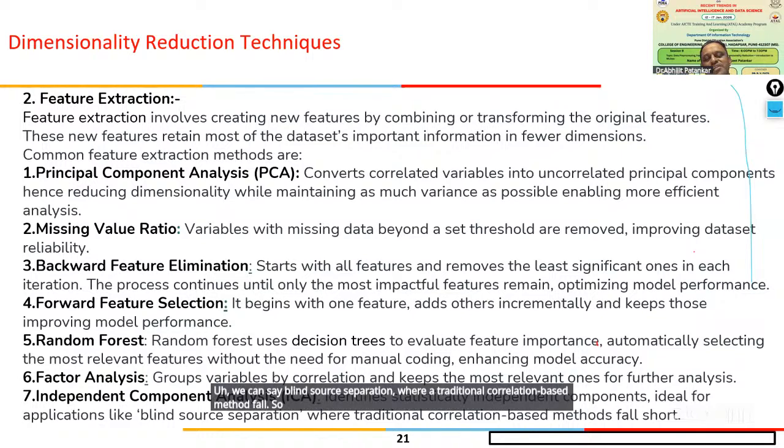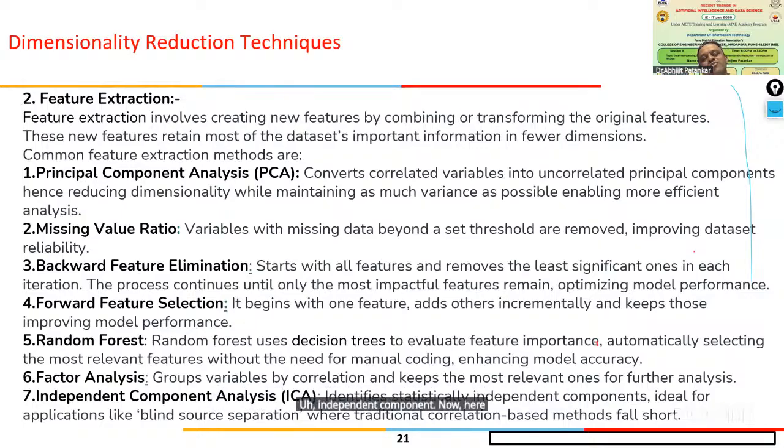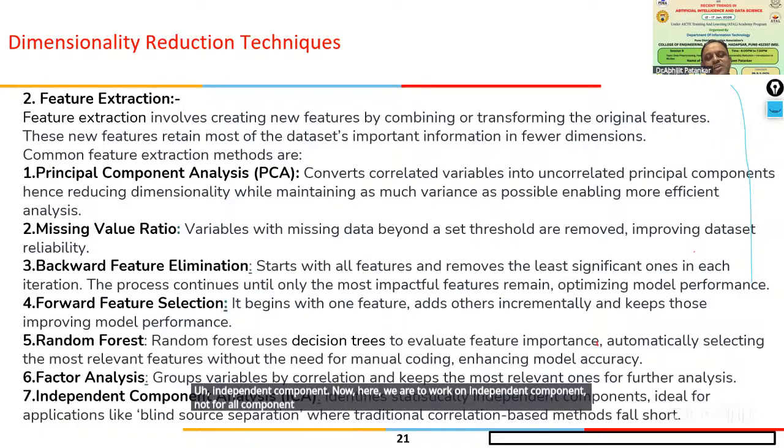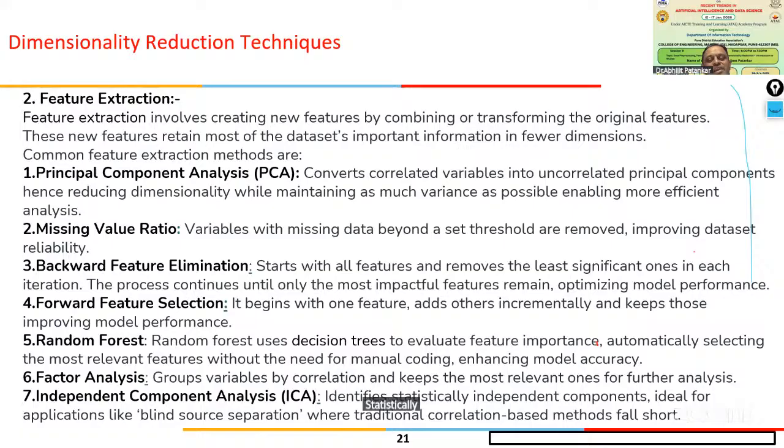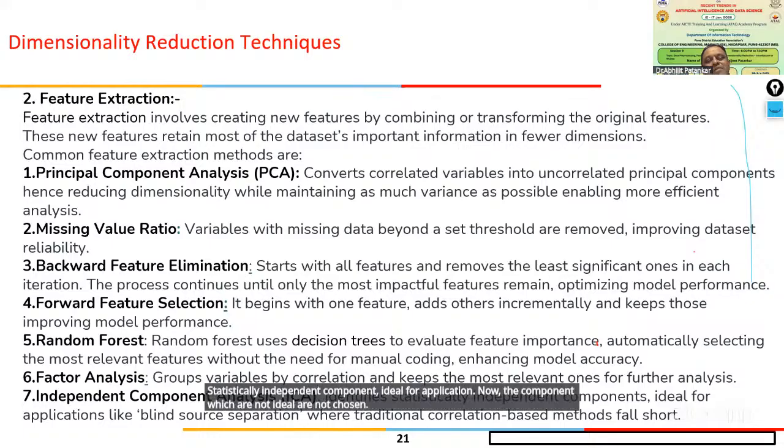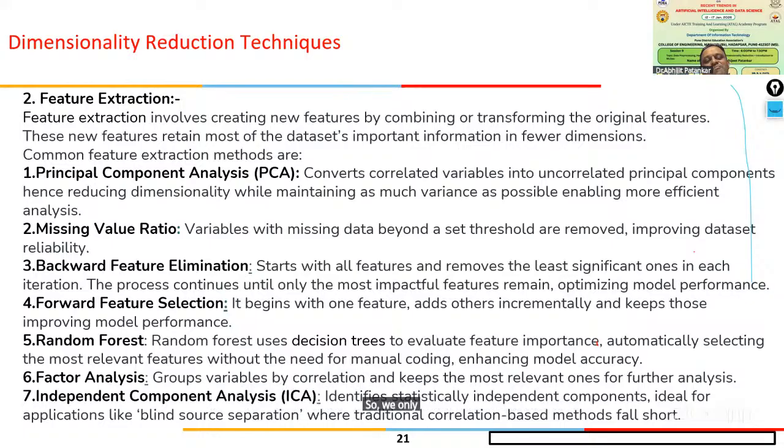So here we work on independent components, not on all components or features. It identifies statistically independent components ideal for the application. The components which are not ideal are not chosen. So we only identify the components which are useful for our application.